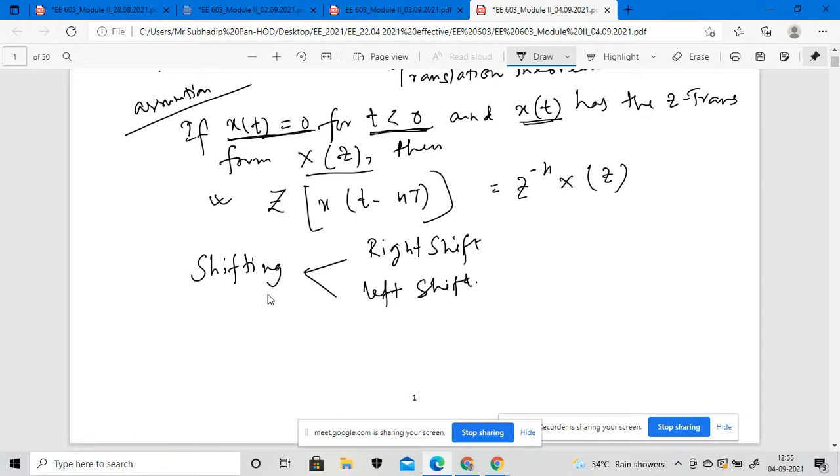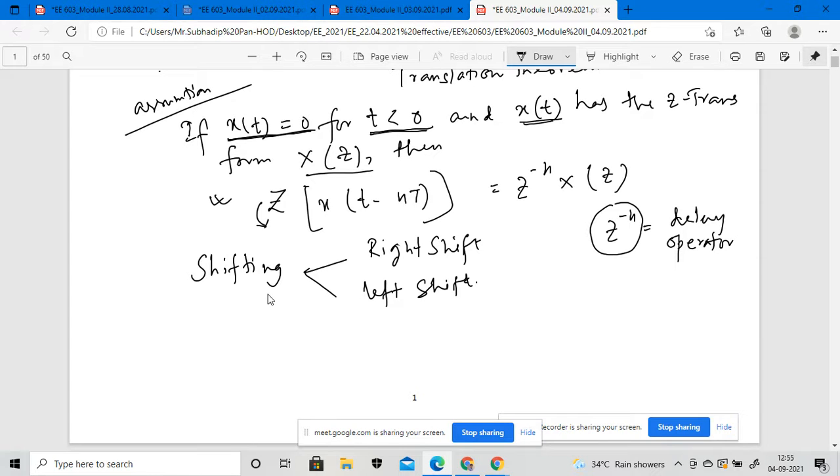This particular function is under time delay. So z to the power minus n is the delay operator, and this particular function is called the right shifting function.